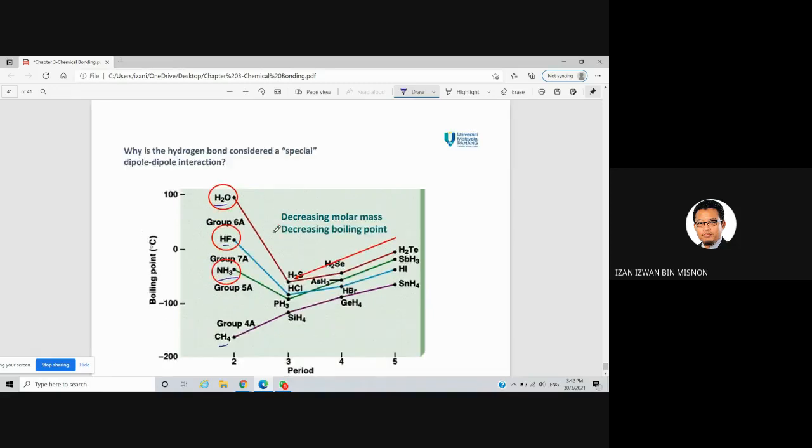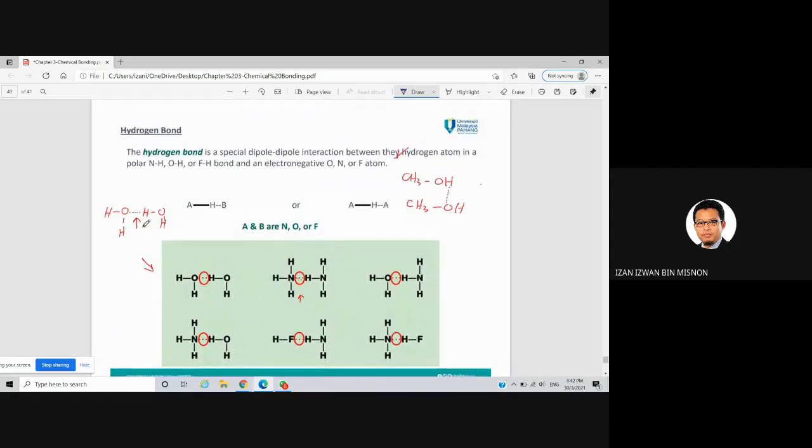Okay, so the most important part is that you know the formation of hydrogen bonding between hydrogen in the molecule and the adjacent atom of oxygen, nitrogen, or fluorine, and also that you know how to draw the hydrogen bond that happens on the structure.